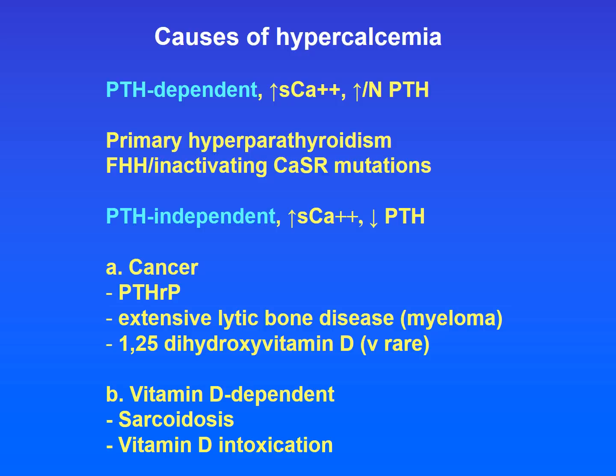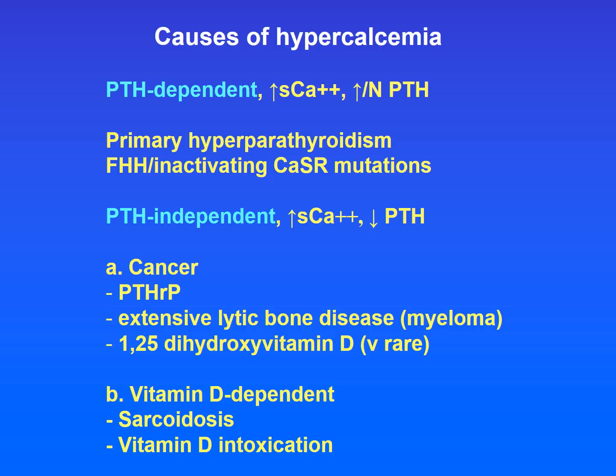And when you think about what we've just discussed, clearly parathyroid hormone is a really important player in this process. You can divide the causes of hypercalcemia into those which are parathyroid hormone dependent, that is driven by production of or excess of parathyroid hormone, and those that are parathyroid hormone independent, that is parathyroid hormone is not the driver of the process.